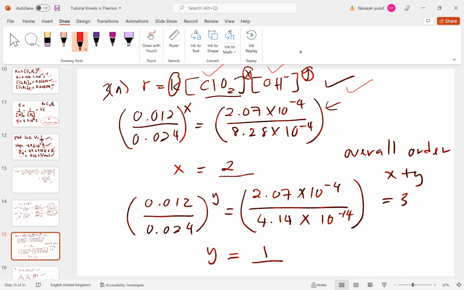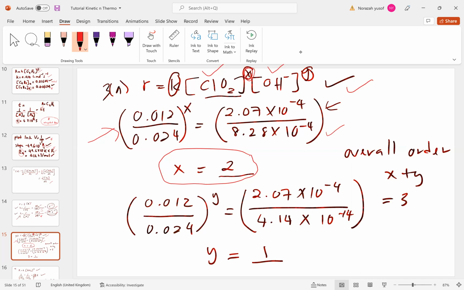So we want that because we want to find first the order of reaction for ClO2. So we put in the values, 0.012 for the first concentration, 0.024 for the second, and then the initial rate, experiment 1, 2.07 times 10 to minus 4, and the rate for experiment 2, 8.28 times 10 to minus 4. This is just a mathematical operation that you have to do. So you get the final value, x equals 2. So it means the order of reaction for ClO2 is 2.